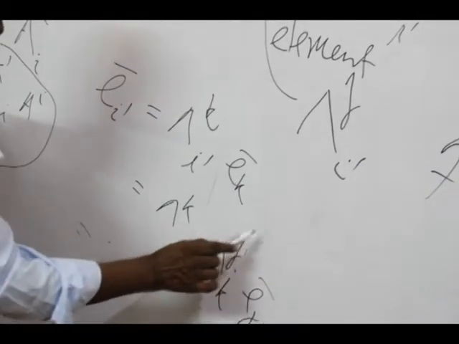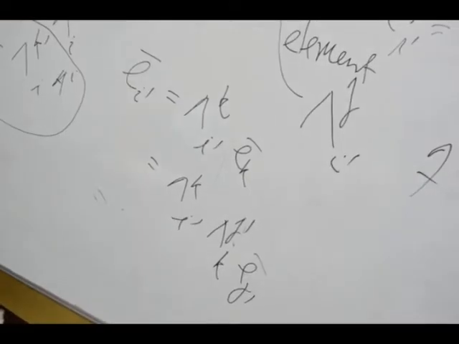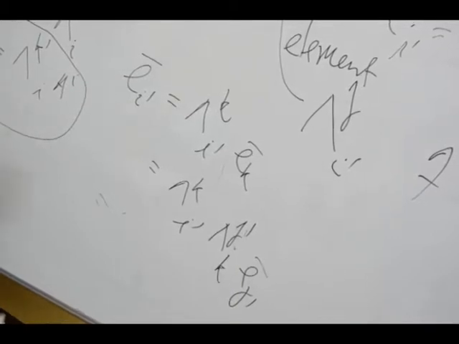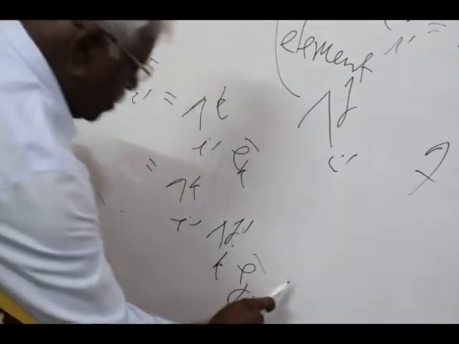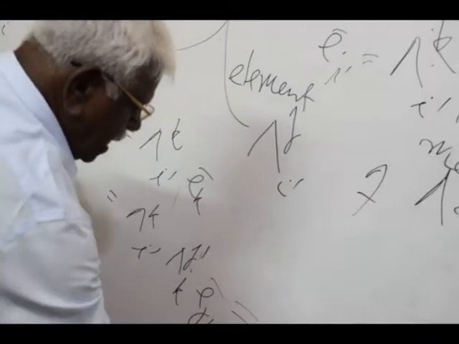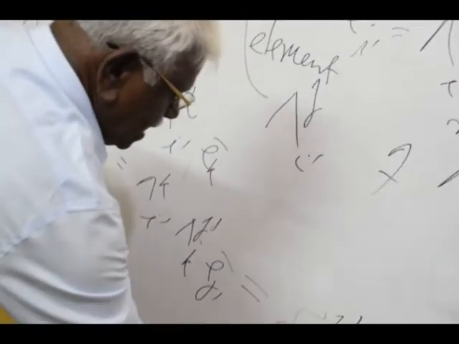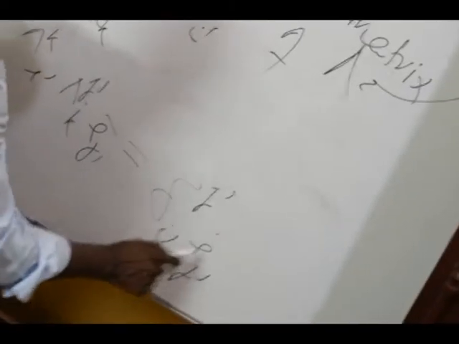I express ek in terms of ej dash. So ei dash is equal to lambda k i dash into lambda j dash k ej dash. The right hand side is simply delta j dash i dash ej dash.